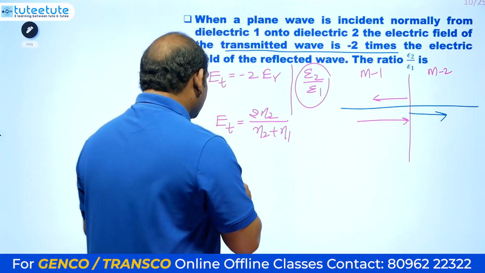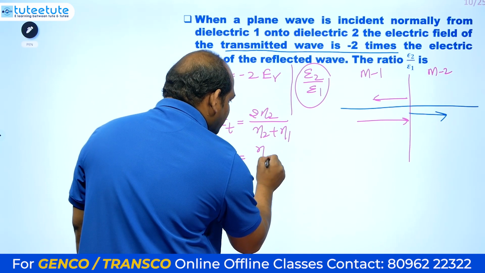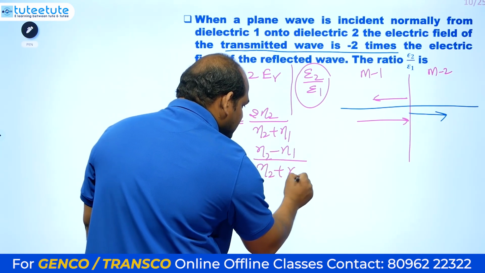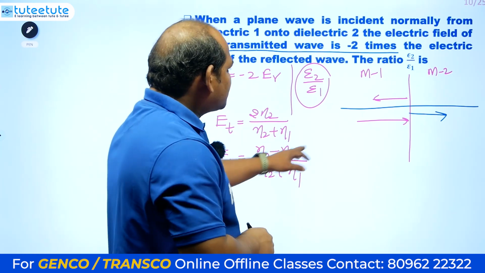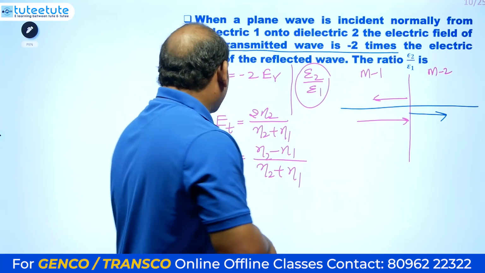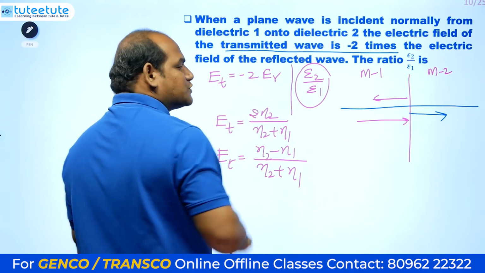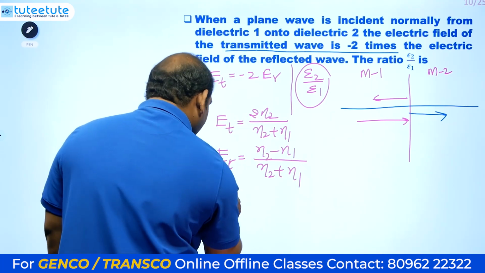The reflection coefficient is equal to eta 2 minus eta 1 by eta 2 plus eta 1. 1 refers to medium 1, 2 refers to medium 2. According to the given condition, we can substitute. So I'm writing here, ET, exactly this one we can take.